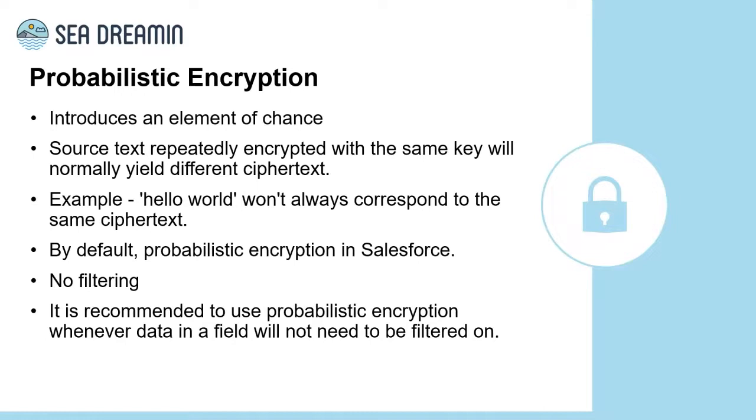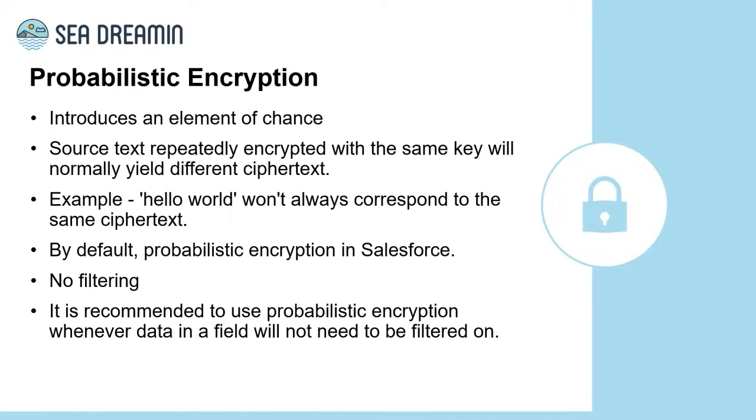Because of this, if you are doing a SQL query, you cannot have probabilistic encryption enabled fields in the where clause, because you cannot filter on those fields as the data is random and patternless. It is always recommended to use probabilistic encryption whenever data in a field will not need to be filtered on. And by default, Salesforce encrypts data using the probabilistic encryption scheme.